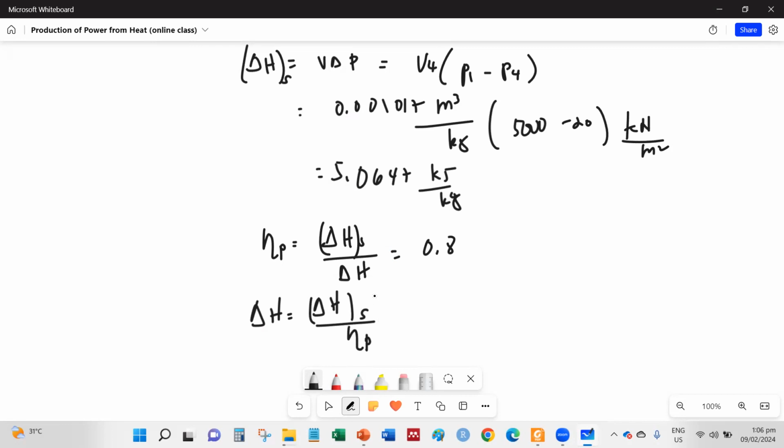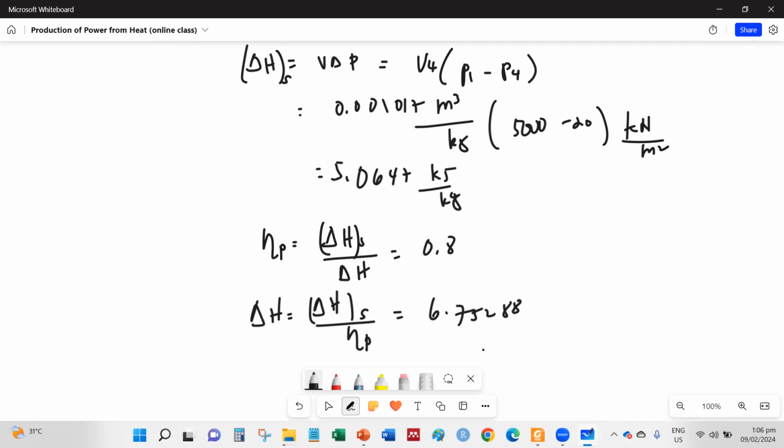So we know this: 5.0647, and the efficiency is 0.8. Just plug in the values and we will get 6.75288 kilojoules per kilogram.